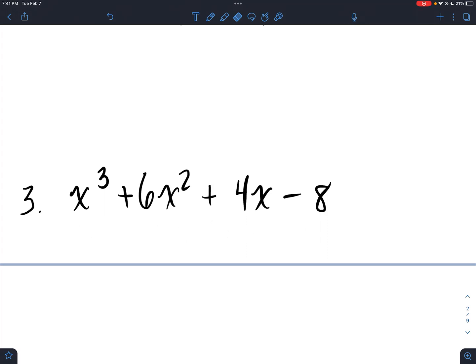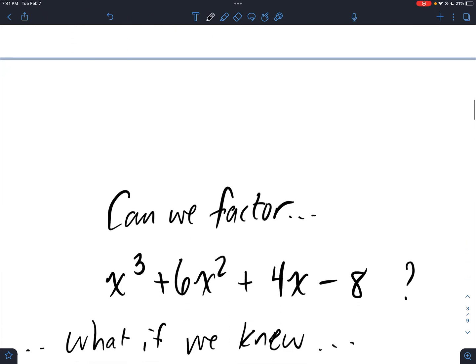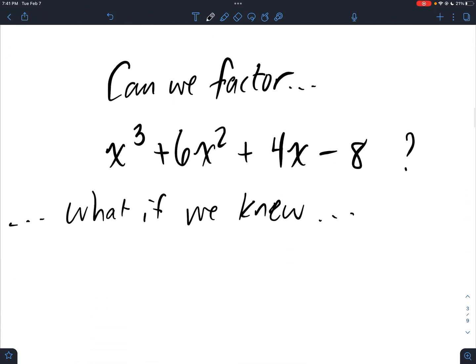So there's got to be a way to check to see if you can factor these type of cubics. And we do have a way. Basically it's division, right? If we know what to divide by, we can factor this.